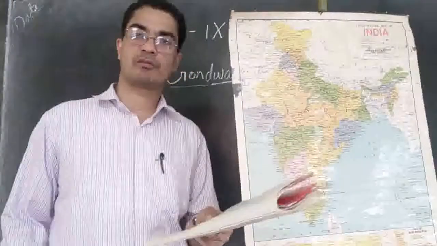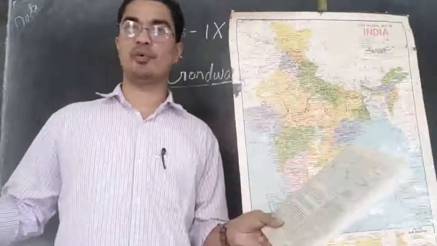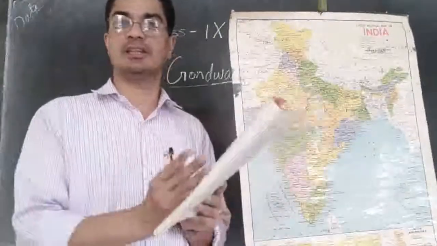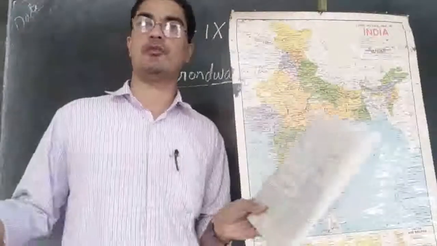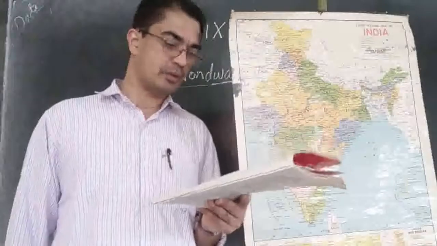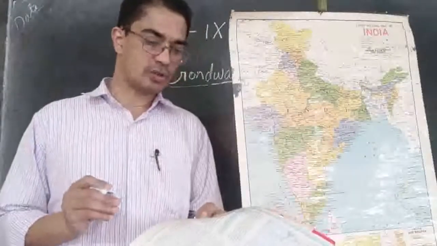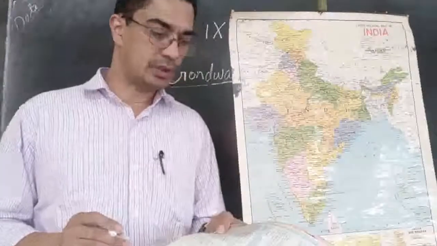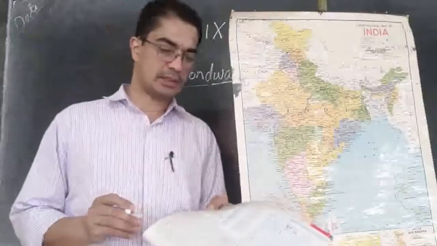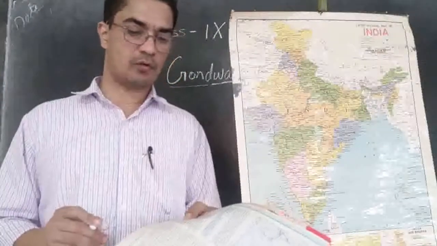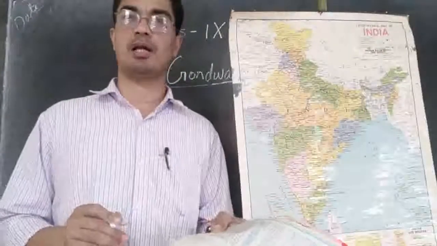Then what happened? Such huge land masses, if they come and collide with each other, there is a heavy force, a heavy power. Then the sedimentary rocks which were accumulated in the geosyncline known as Tethys were folded to form the mountain system of Western Asia and Himalaya.